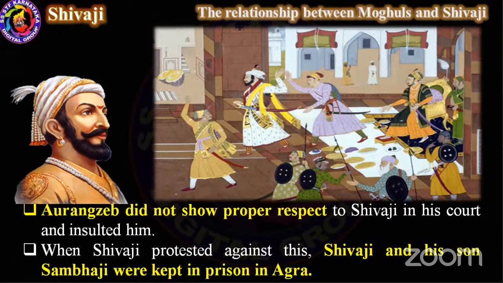When Shivaji protested against this behavior, Shivaji and his son Sambhaji were kept in prison in Agra by Aurangzeb's officials.